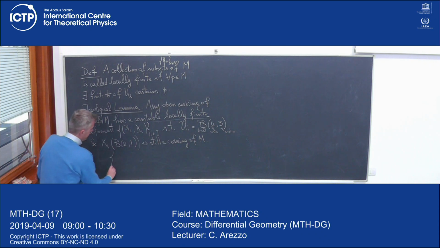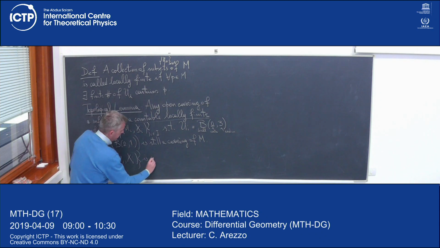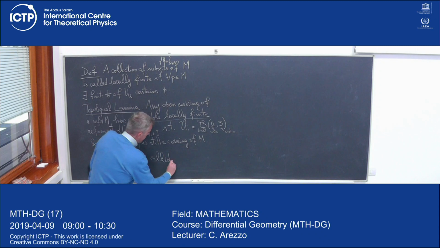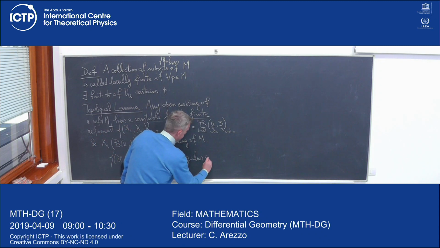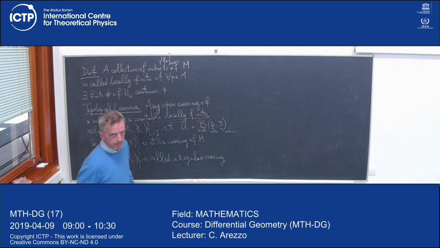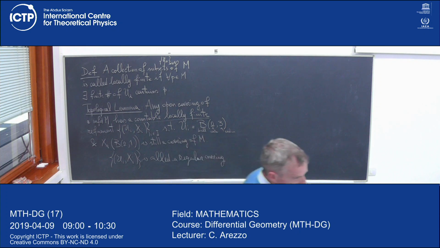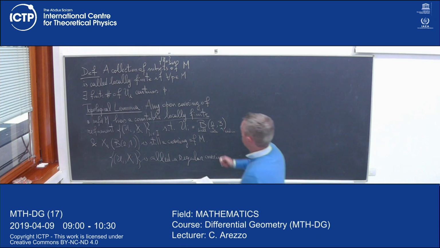Once you achieve these properties, ui, xi is called a regular covering of M. I won't prove it because it's purely topology, not completely trivial.